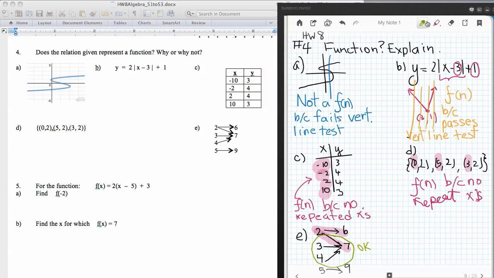That's what makes this one not a function. So the fact that 2 goes to both 6 and 2 also goes to 7, these two are what make this not a function, because there's the repeated x's that go to two different y's. So that one is not a function.